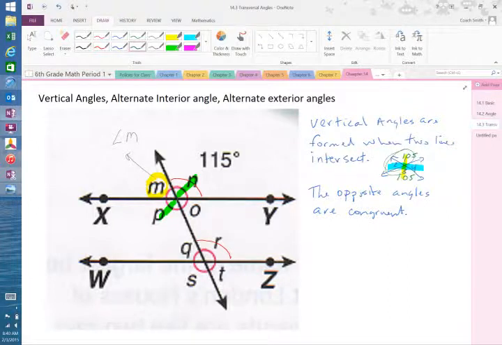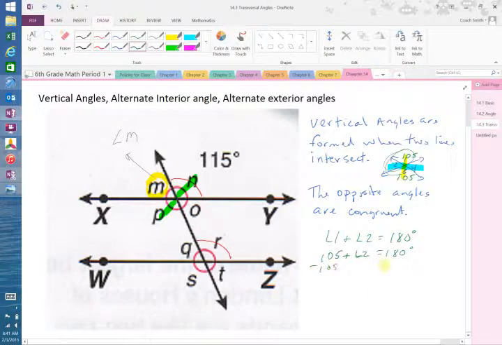So, Jonah, what would angle 2 be? Yes, 75 degrees, because angle 1 and angle 2 must equal 180 degrees. So if angle 1 is 105 degrees, then 105 degrees plus angle 2 equals 180 degrees. We just subtract 105 from both sides, and that gives us what angle 2 has to equal. See, there's that chapter 12 solving equations again.